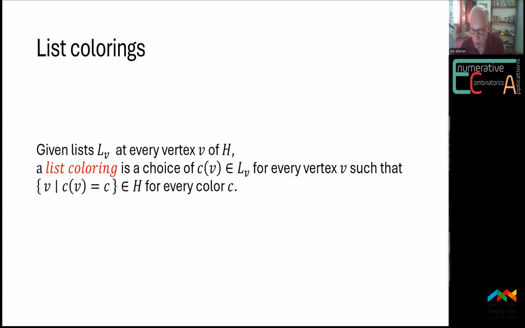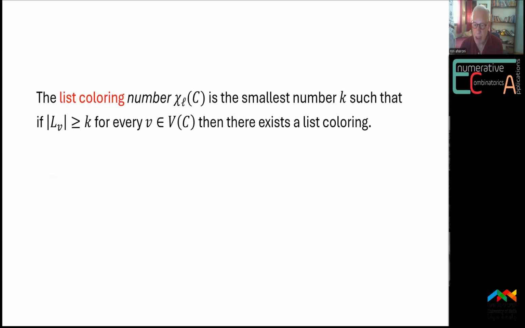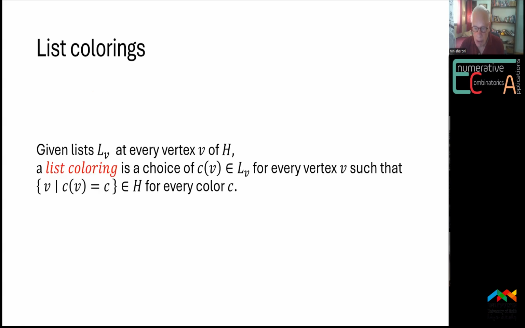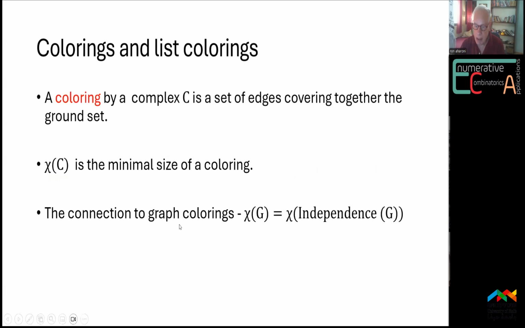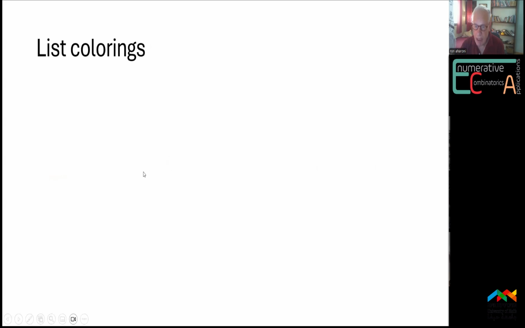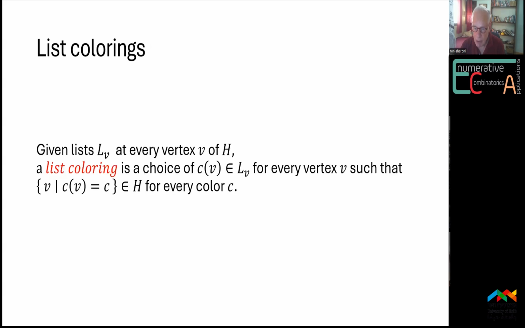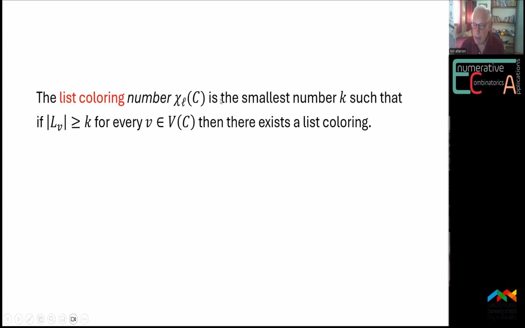So it's just the usual notion. What is the covering number? The covering number is the minimal size of the cover, and the list coloring number, call it chi of L, is the smallest number k such that if all lists are of size at least k, you're guaranteed to have a list coloring.